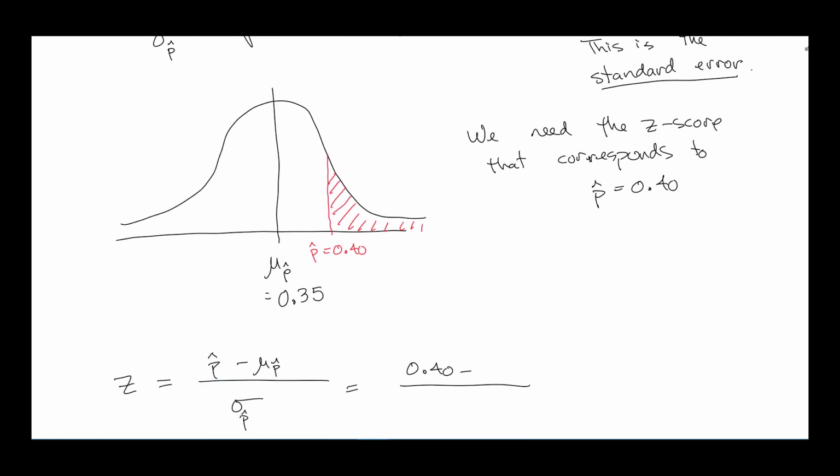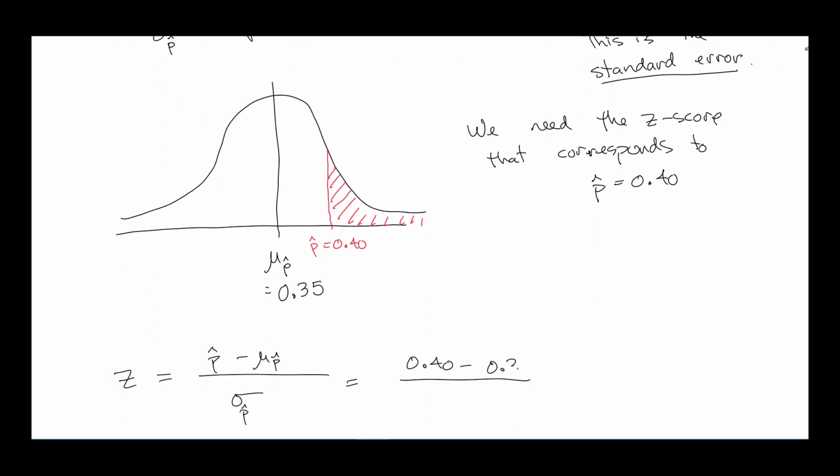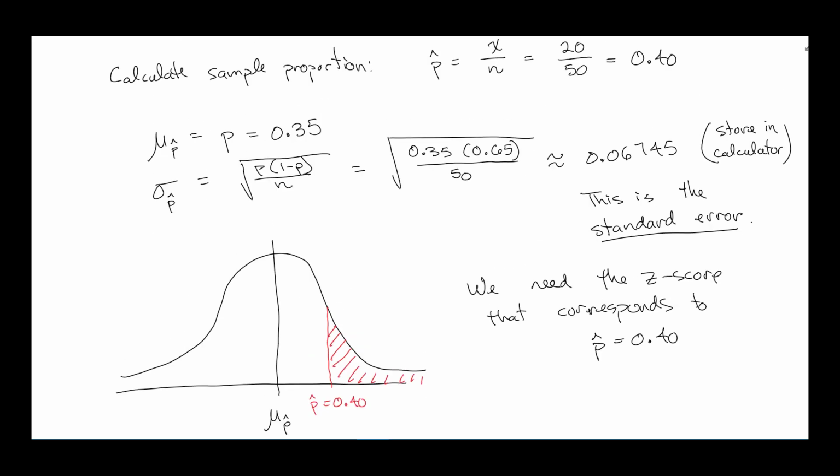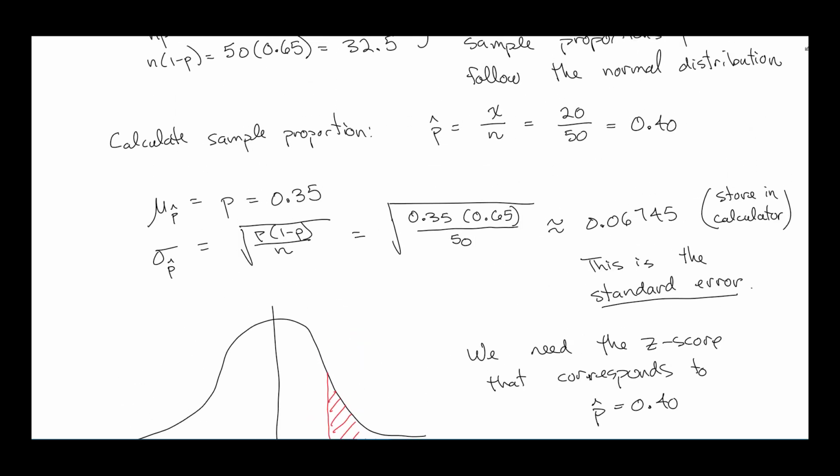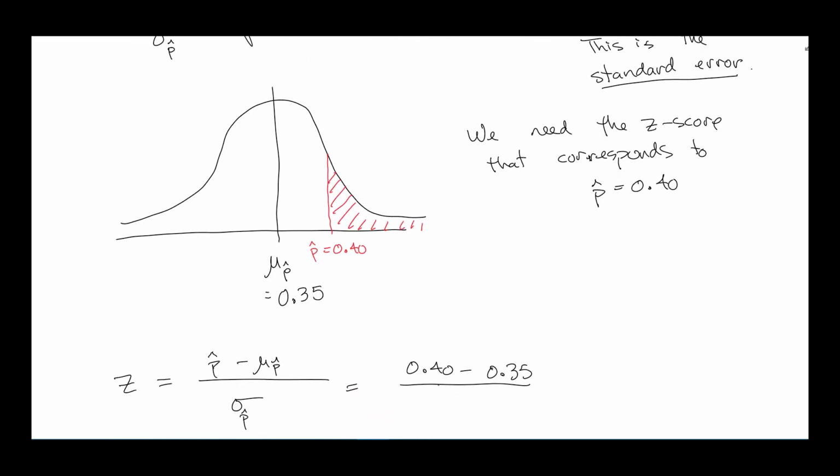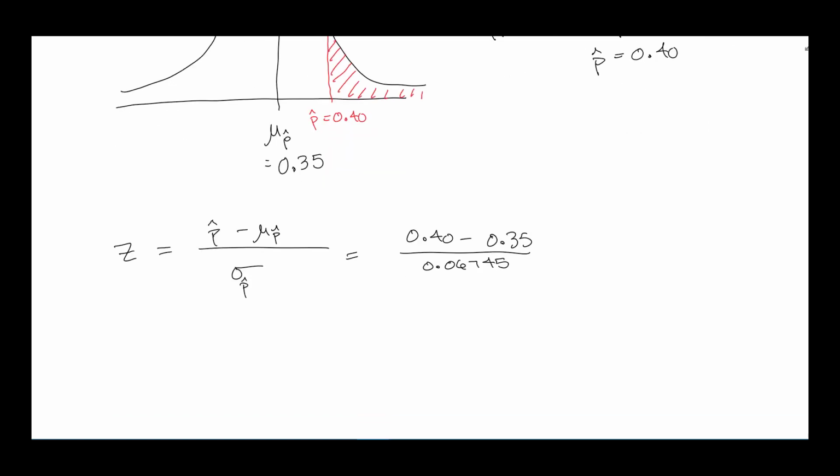It's just the population proportion, which is 0.35. And then we are going to divide by the standard deviation of all the p-hats, which is this 0.06745. So I'm going to write that in here, but I don't retype it. I use the stored value in my calculator. I'll store it like in variable A or B, and then I will use that. So I'll do the numerator, I'll hit enter, and then I will divide by that number.